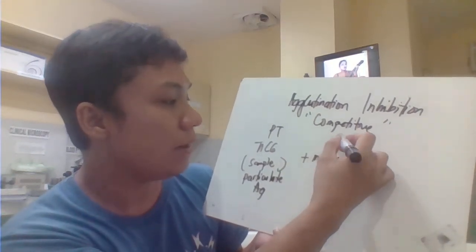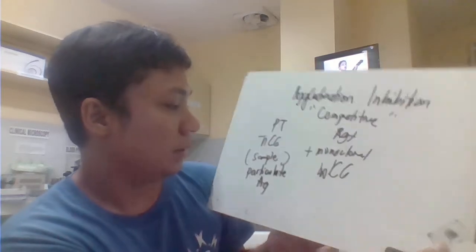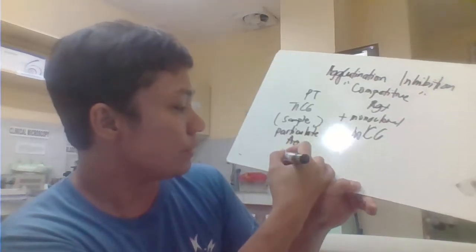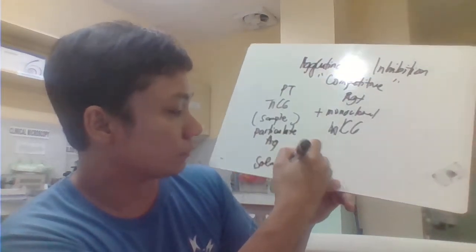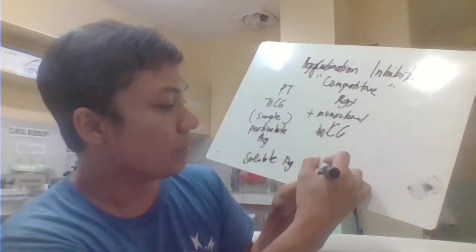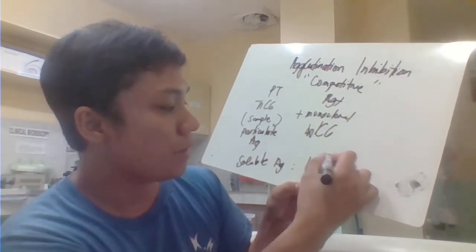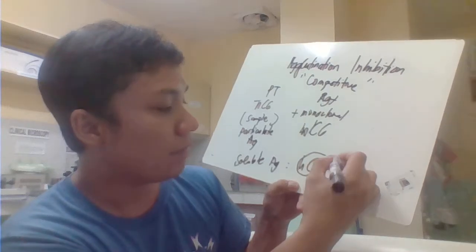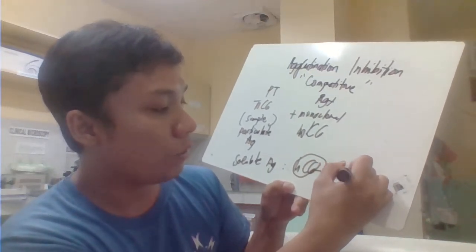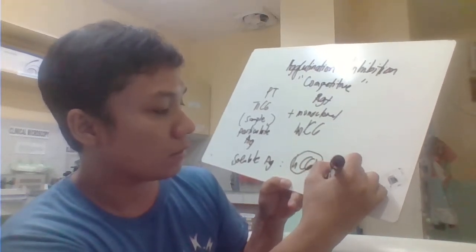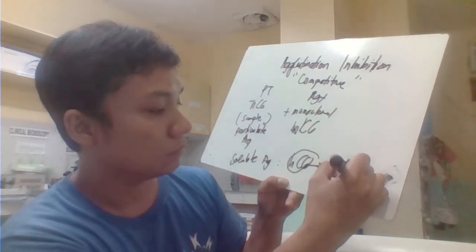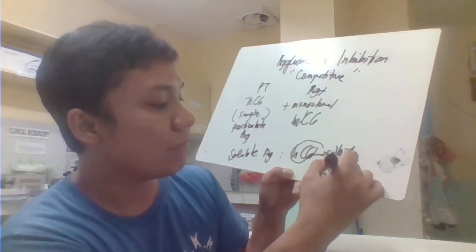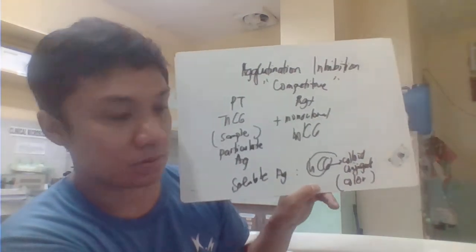This is your reagent. Okay, then another one, we have your soluble antigen in the form of human chorionic gonadotropin. But this one would be considered to be a colloid conjugate, responsible for giving you the color reaction.